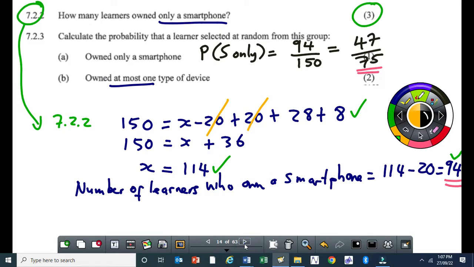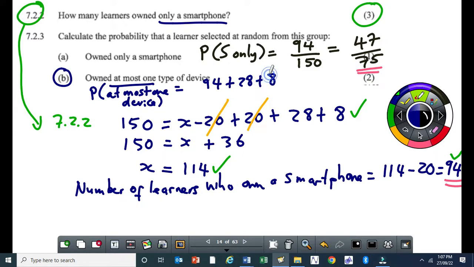So it will be P(at most one device). This will be equal to 94 plus 28, plus those who don't own any device, we divide by the total in the sample space, which is 150. Okay, so you get 130 over 150. And the answer will be 13 over 15.